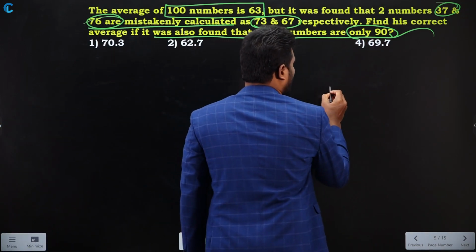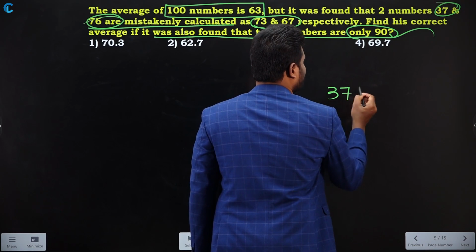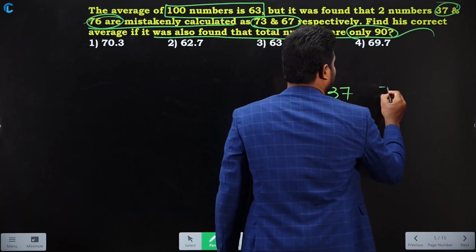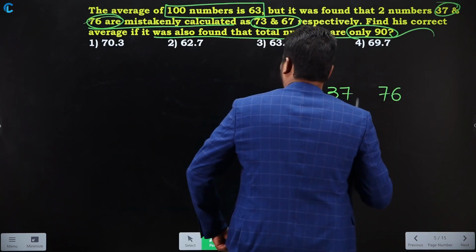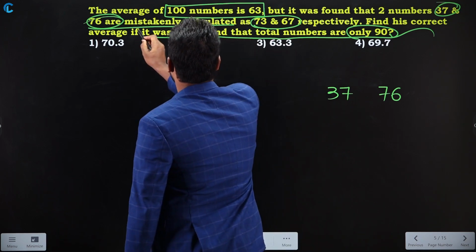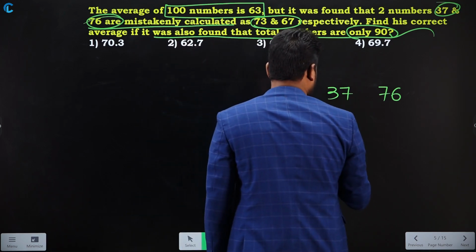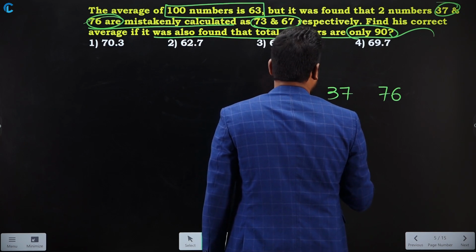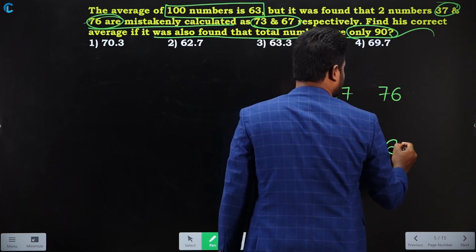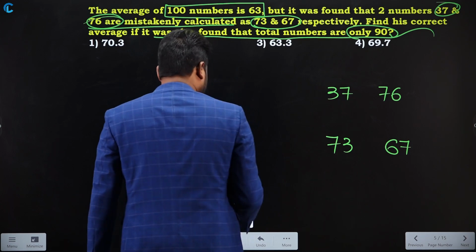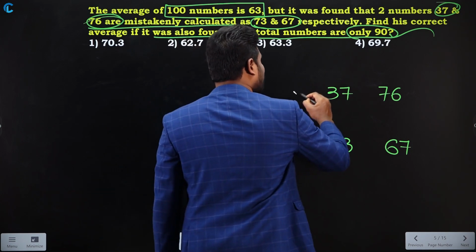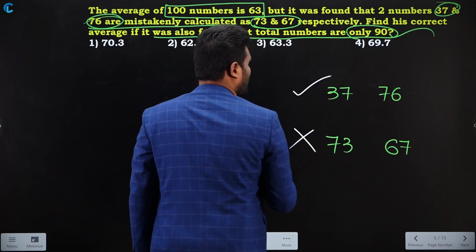So the two numbers are 37 and 76, but these are mistakenly calculated as 73 and 67. Yes or no? Which means the above values are the correct values and these are the wrong values.